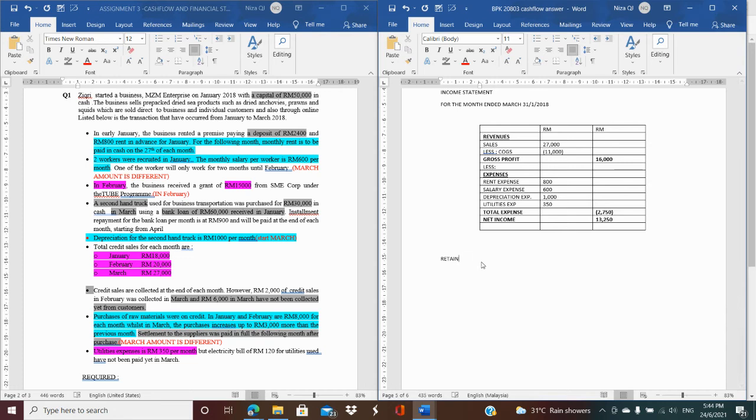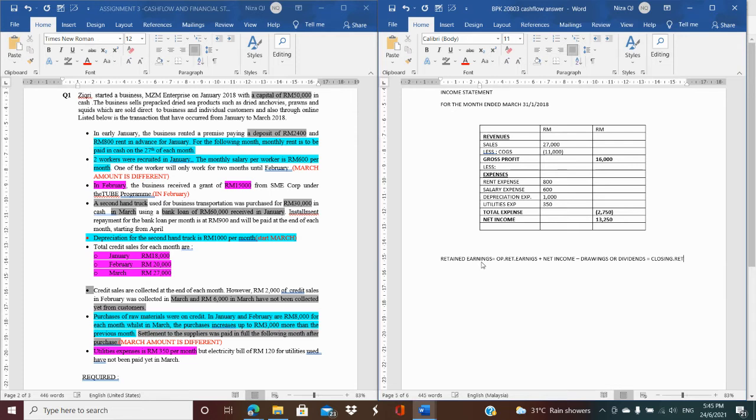Retained earnings is calculated this way: opening retained earnings, which means the retained earnings from the previous month, plus the net income for that month, and then minus any drawings if this is an enterprise, or dividends if it is a shareholding company, and you will arrive at the new closing retained earnings.